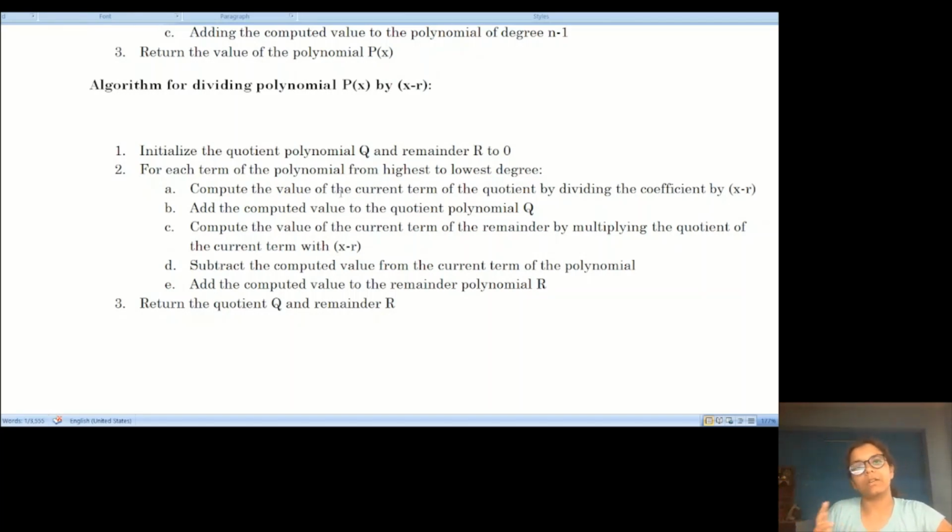Once we multiply the remainder with the quotient, we have to subtract it from the initial polynomial. After doing that we have to keep it in the remainder r, and return the quotient and r value in the last step.